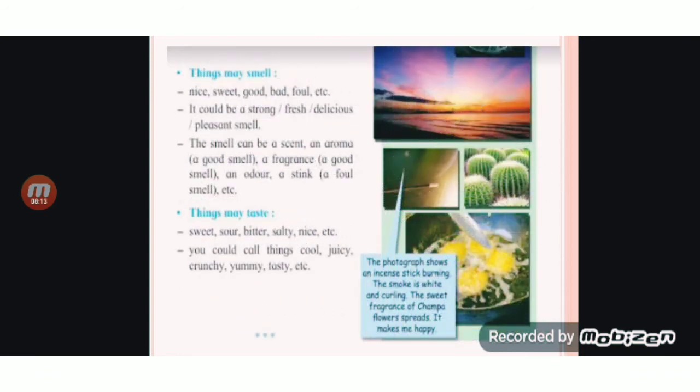Now, things may smell. So the things which you select may smell nice. It can smell sweet, it can smell good, bad, foul is something very dirty, etc. So you can use any other kind of smells apart from what is mentioned over here. It could be a strong, fresh, delicious, pleasant smell.